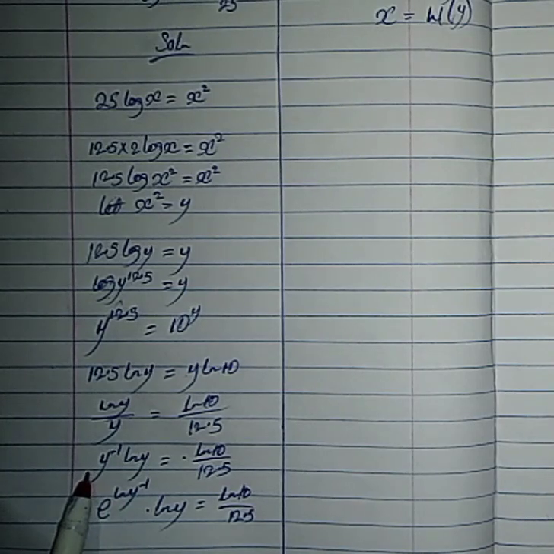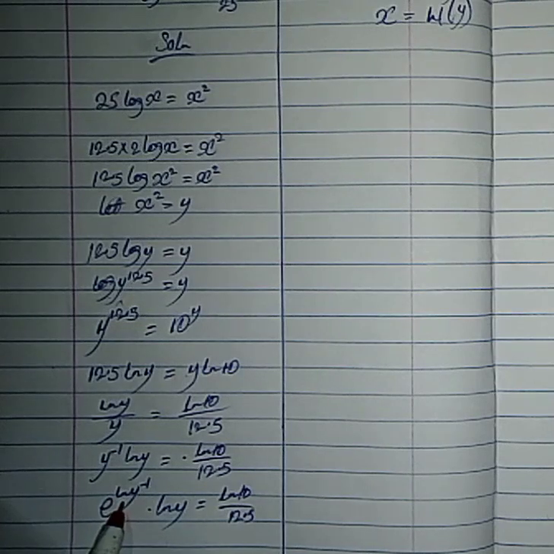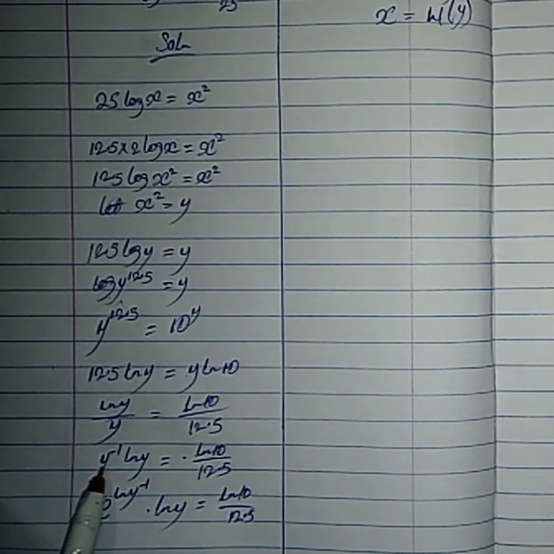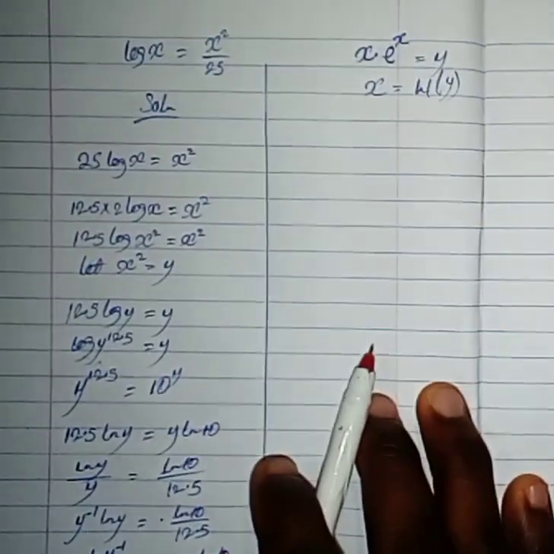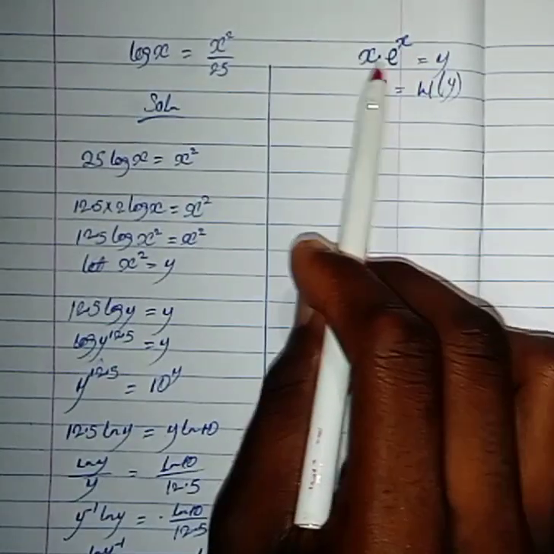If I replace y raised to the power of negative 1 as e raised to the power of ln y raised to the power of negative 1, e here can actually cancel out this ln because they go together. So if e cancels out ln, we'll be left with y raised to the power of negative 1 just as it is here. So nothing really changed, but I just want to get something similar with this.